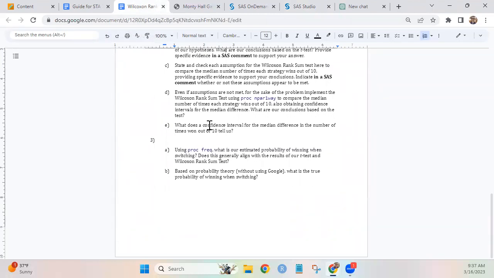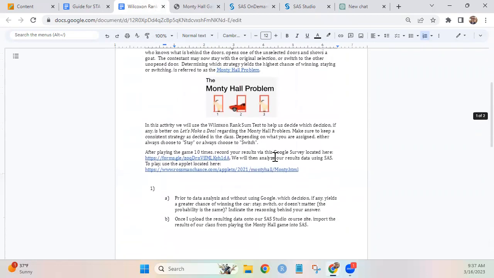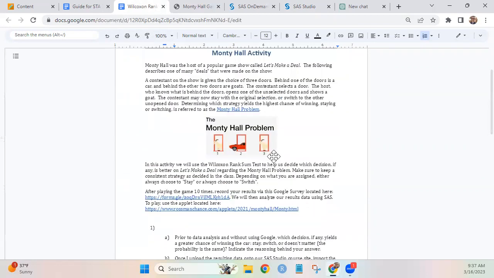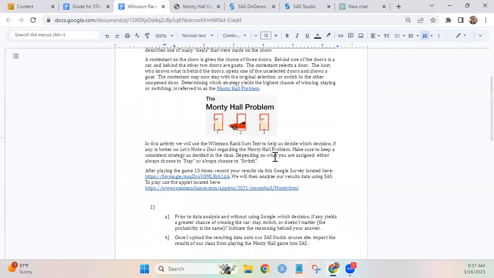So we ran these two tests that were not valid, but they both suggested that switching is better, right? I mentioned at the start of the activity that if you really wanted to explore this question, you should be using a z-test of proportions, where you compare the proportion of time people won across the two decisions.